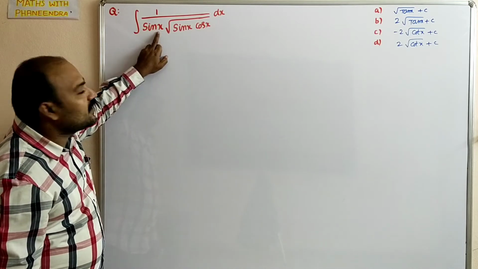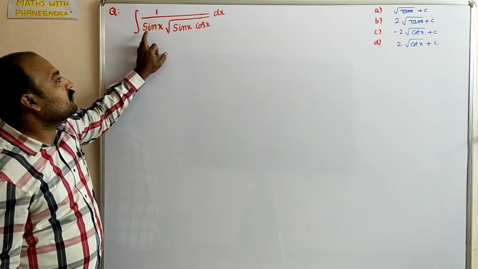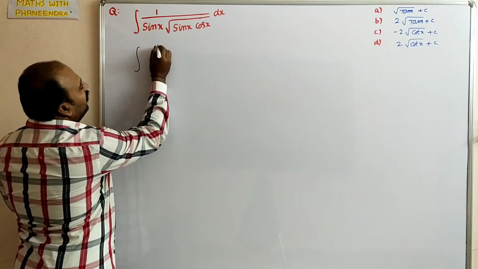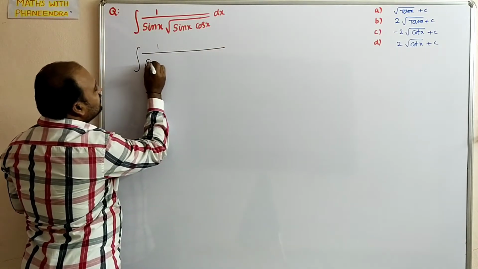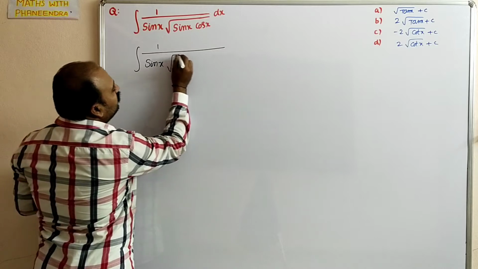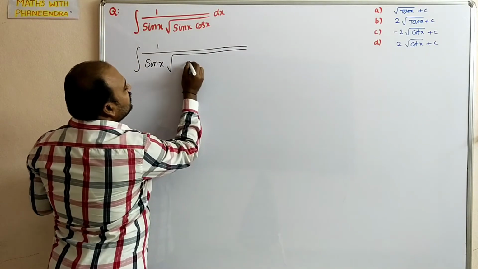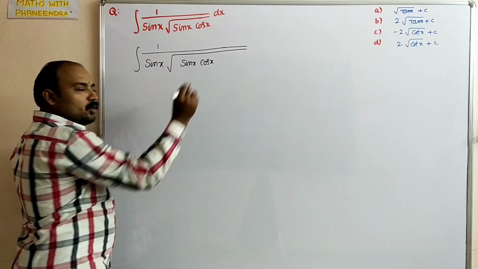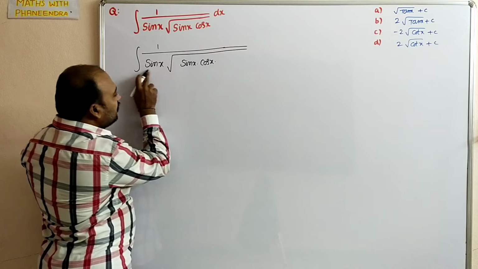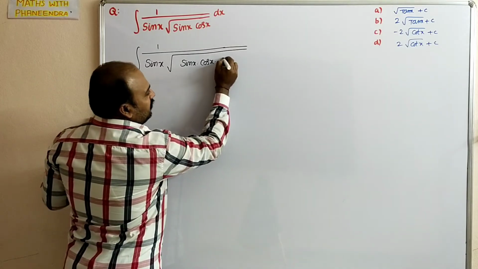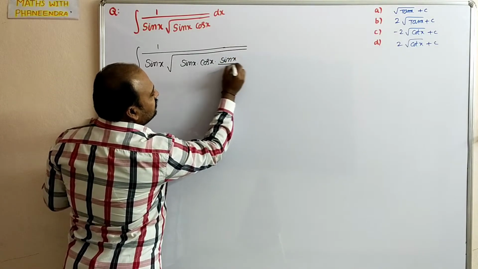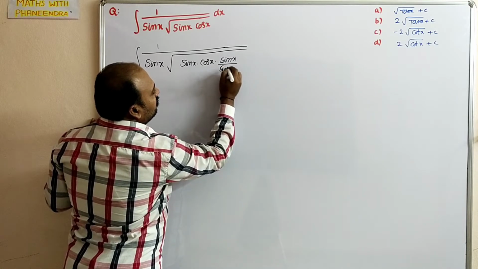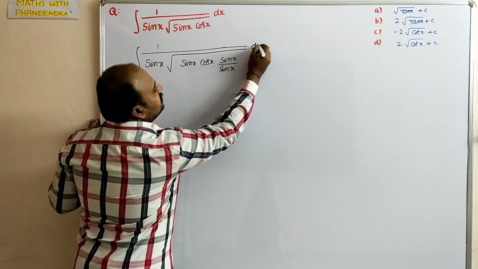Whenever sin x is there in the denominator, what do we have to do? Integral 1 by sin x into square root of sin x into cos x. In this under root, we can multiply and divide by whatever the value is there. Multiplying and dividing by sin x, into dx.